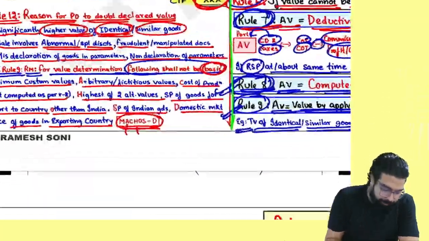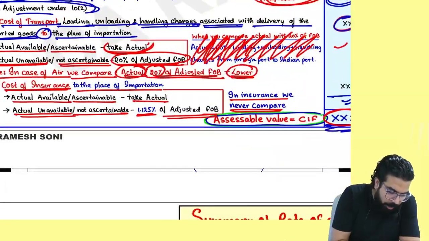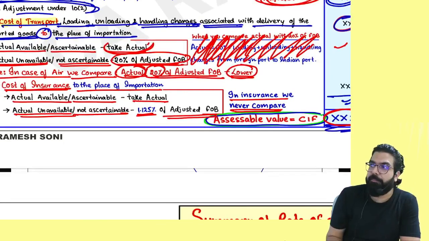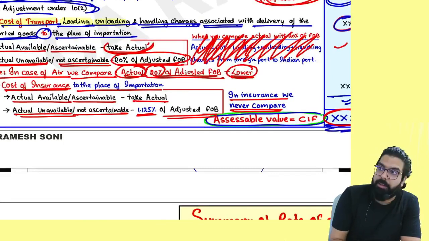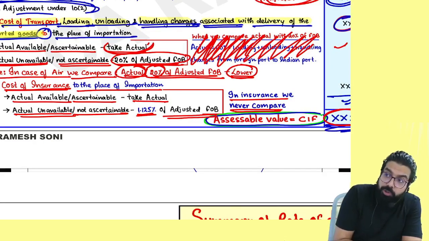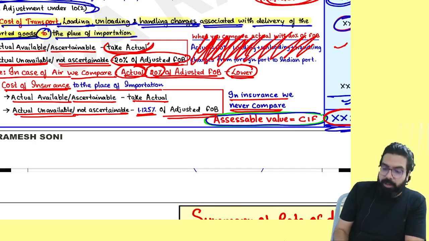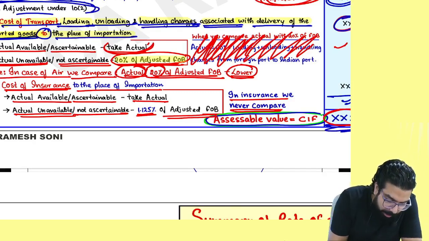The law says cost of transportation, loading, unloading, handling charges associated with the delivery of the imported goods up to the place of importation is what, everyone? 20%.